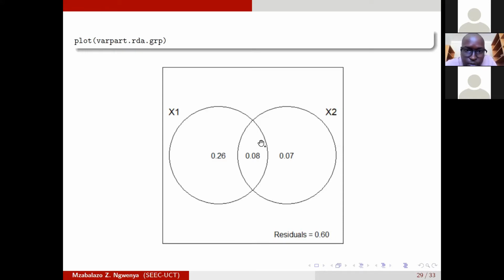Then there's some variation, 0.08, which we cannot really disentangle and attribute to each of the groups of variables. That's basically arising due to the correlation between our X1 variables and our X2 over there. So we cannot disentangle it. This is the shared variation explained by the two groups of variables.